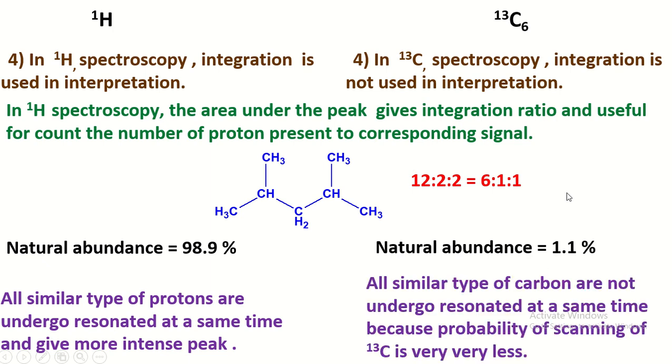Therefore, similar types of carbon do not resonate at the same time, because the probability of scanning carbon-13 is very low. That is the main reason. Therefore, the integration ratio is not useful to determine the number of carbons present in the given signal.